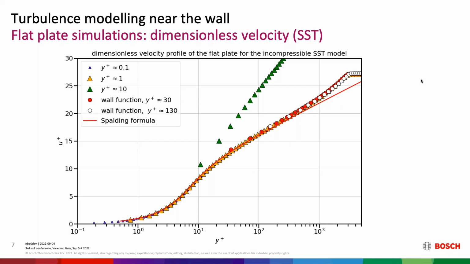Now, if we use wall functions using y plus is 30 or even y plus is 130, the velocity profile matches again with the simulation results very nicely, even for y plus larger than 1000, where Spalding's formula does not even hold anymore.